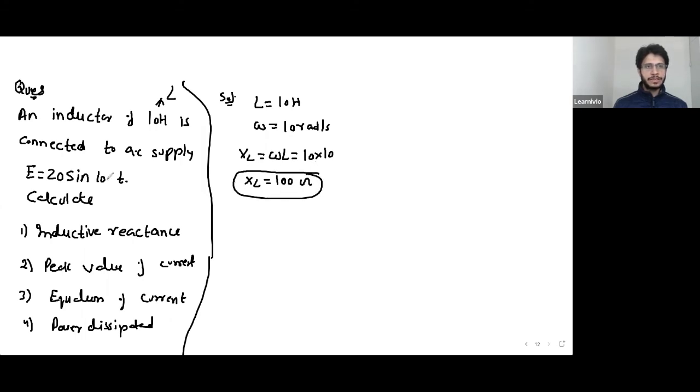Fine, Afroza? It's 10t. Okay. For the second part, the peak value of current is E naught divided by XL. Here E naught is 20 and XL is 100. So it comes out to be 1 by 5.